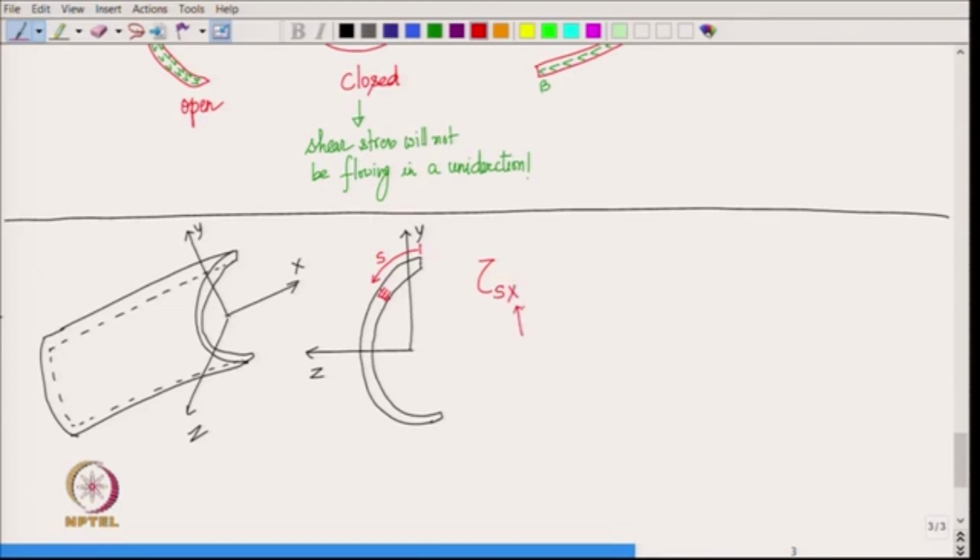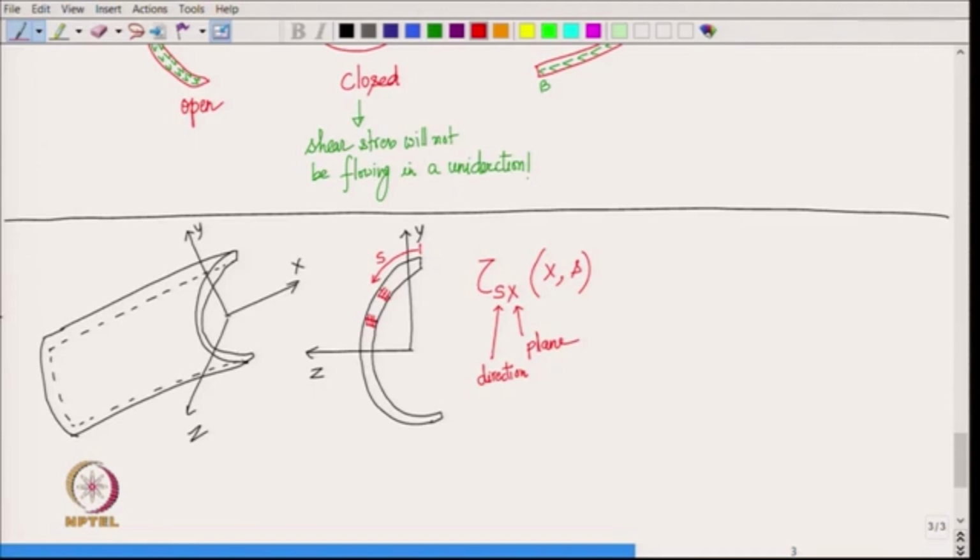So, x is for the plane and S is for the direction, and then this tau S x is only going to be function of x and S. So, for example, if you think of this line, it is not going to vary along this line, it is going to be the same. So, tau S x is simply a function of x, that means what cross section we are looking at, and S, that means where in the cross section we are looking at, all right.